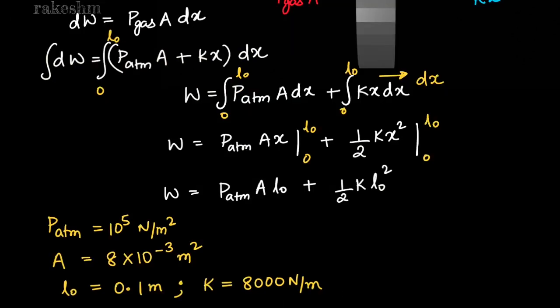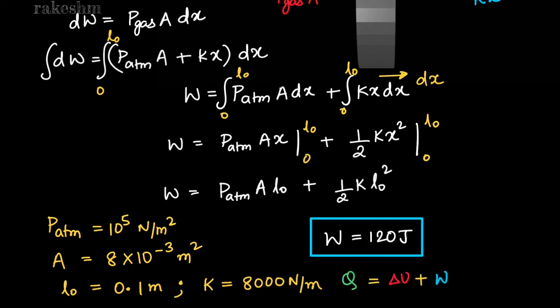Finally we get the work done as P atm into area of cross section into L0 plus half into k into L0 squared. We have these values given in our question. We just substitute these values in this equation to get the total work done by the gas. We get the total work done by the gas as 120 joules.